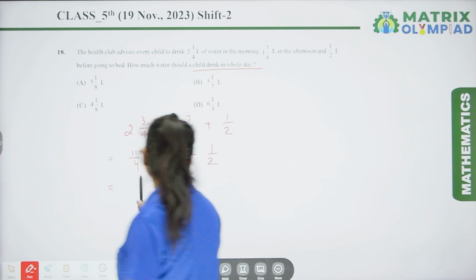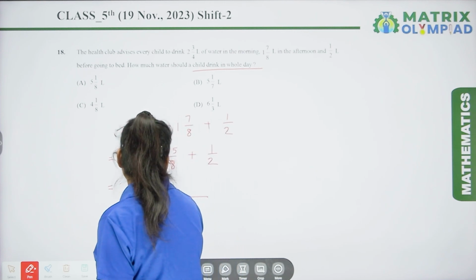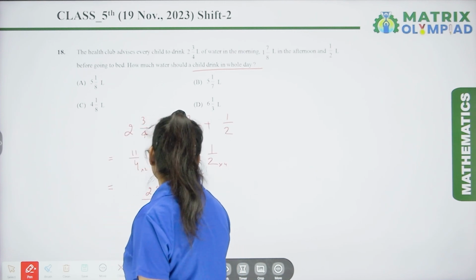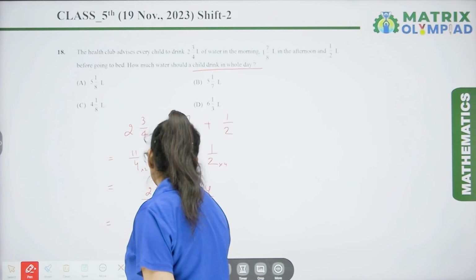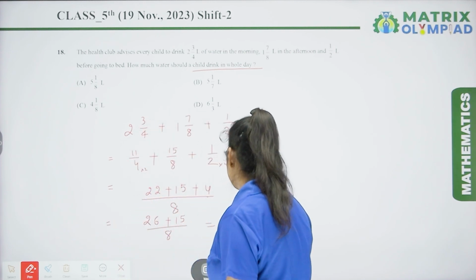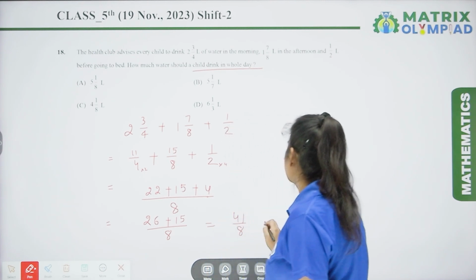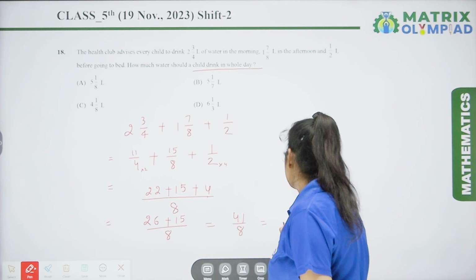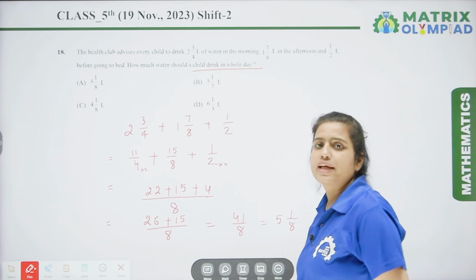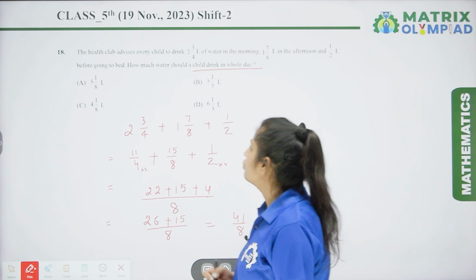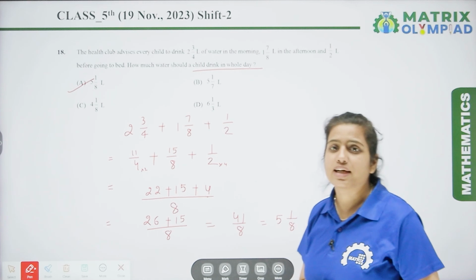So the LCM of 4, 8 and 2 is 8. So we get 41/8 and that can be written as 5 1/8 liter. So according to the question, we can say that option A is the correct answer.